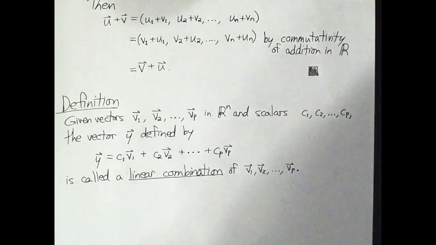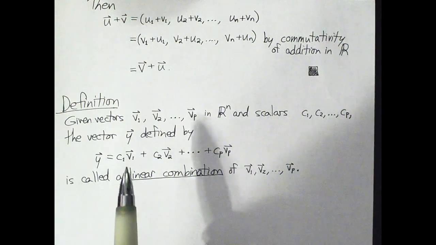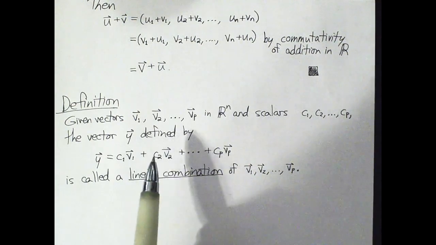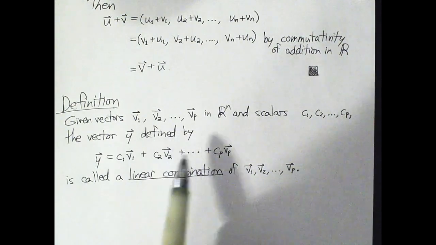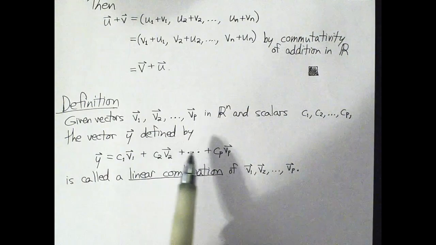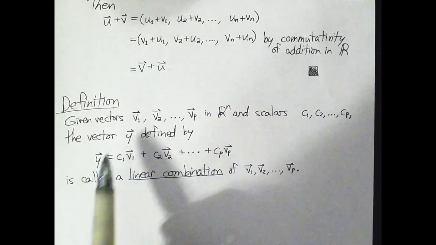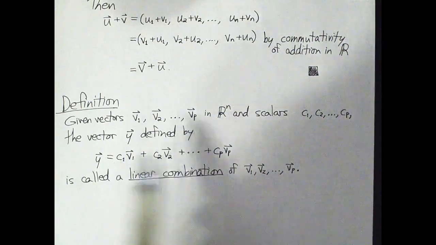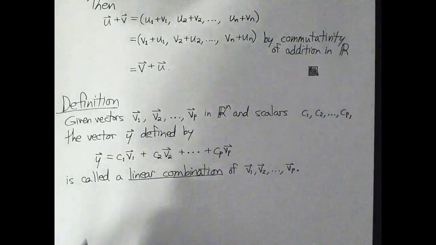So y is a single vector that you get by combining a bunch of other vectors in this way. You do this scalar multiple of c1, v1, whatever that results in, c2, v2, whatever that results in. You do all of these, and then you add them all up. Ultimately, the result is just a vector that lives in Rn, but it's a linear combination of the vectors that it came from.